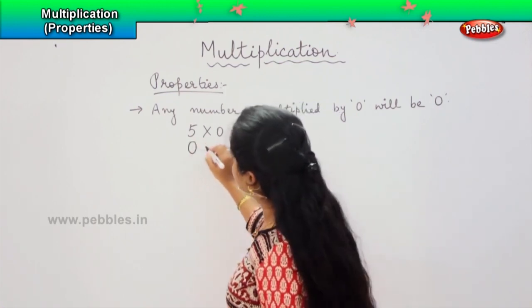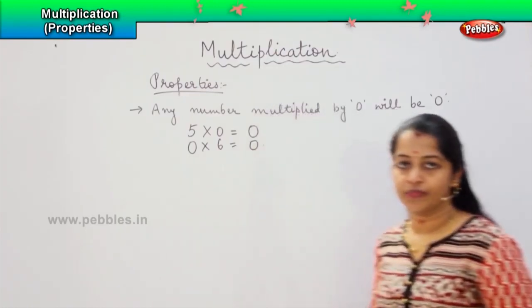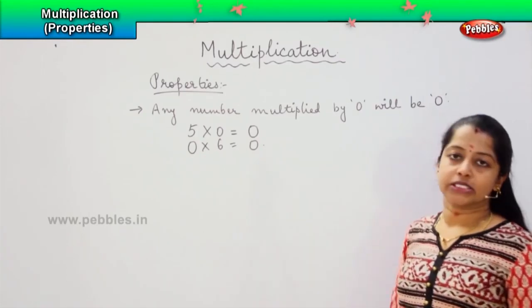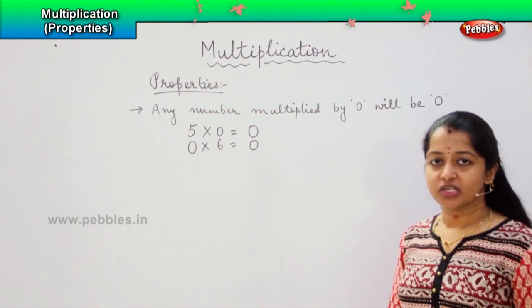Similarly, if I multiply 0 into 6, again my answer will be 0. So, anything which you multiply by 0 will give you the answer 0. Clear? Are you clear with the first property, children?